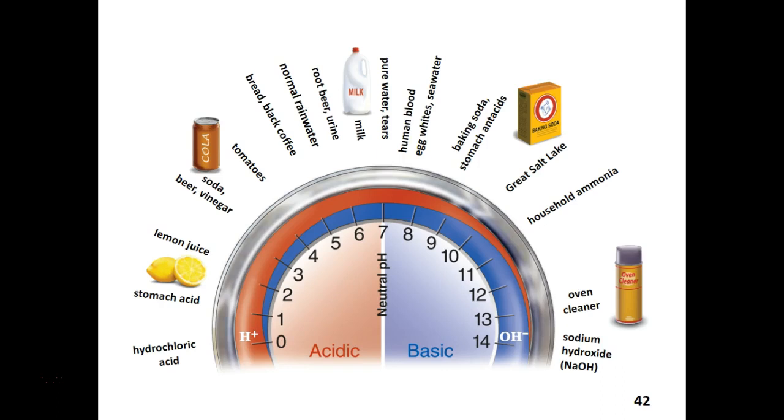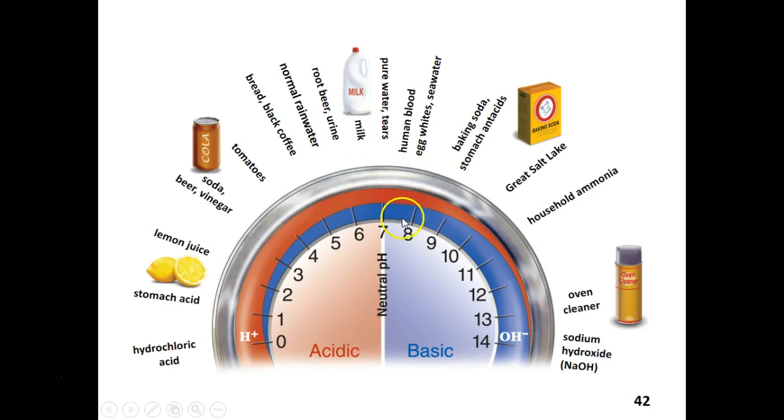This is a beautiful figure showing the pH scale starting over here at 0. We have hydrochloric acid. Then we have stomach acid, which contains hydrochloric acid and a lot of other substances that make up the gastric juice. Lemon juice, very acidic. Soda, acidic. Come up here, we have coffee. Typically coffee is acidic, like I said. Milk, close to neutral.